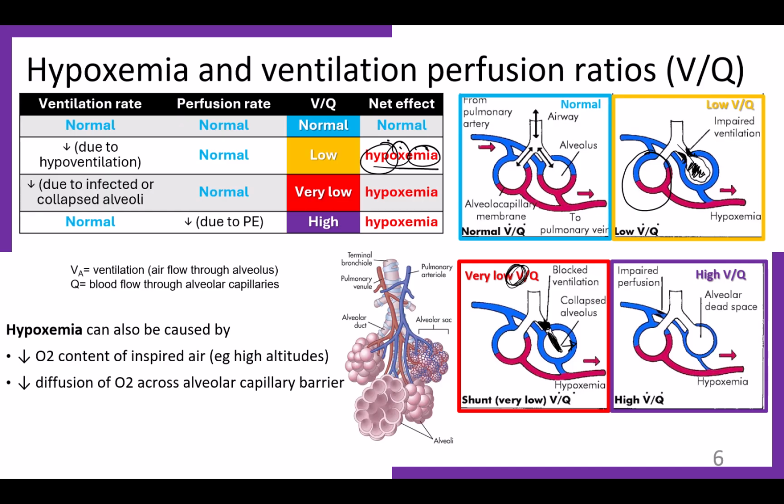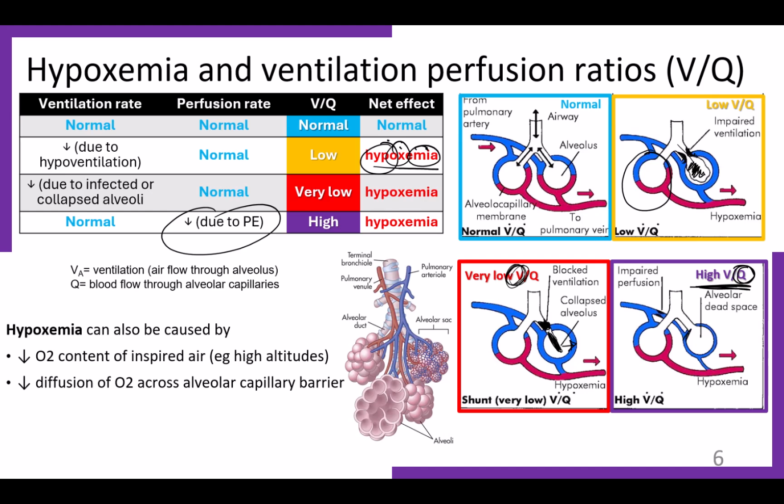When we have the opposite, when we have less blood going into it, you see this high VQ ratio where the perfusion, the Q factor, drops below normal. This can happen in cases of pulmonary embolism.